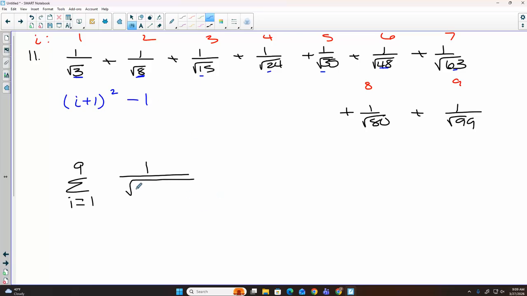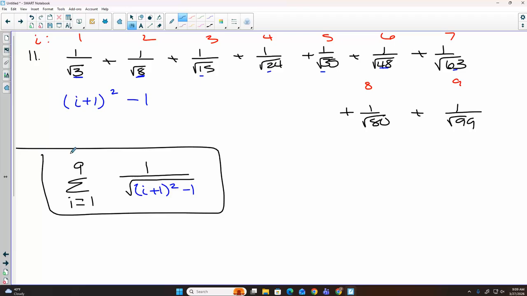So it's over the square root of I plus 1 squared minus 1. So if it's not an obvious one, my suggestion is write out your I's and then think about how can I use this number to get that one and try to come up with a formula.